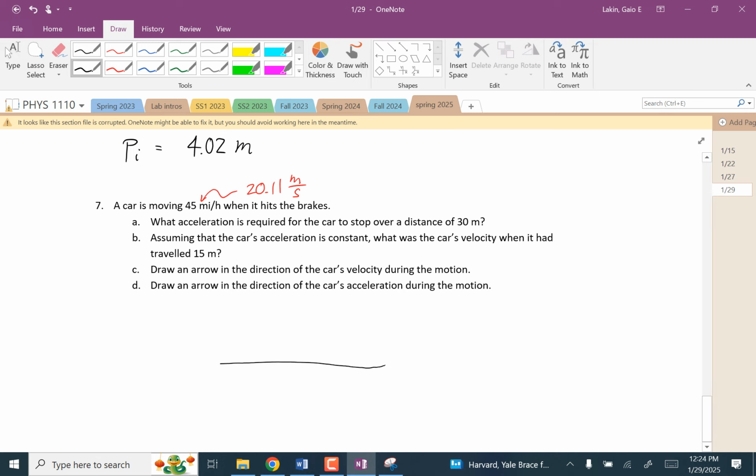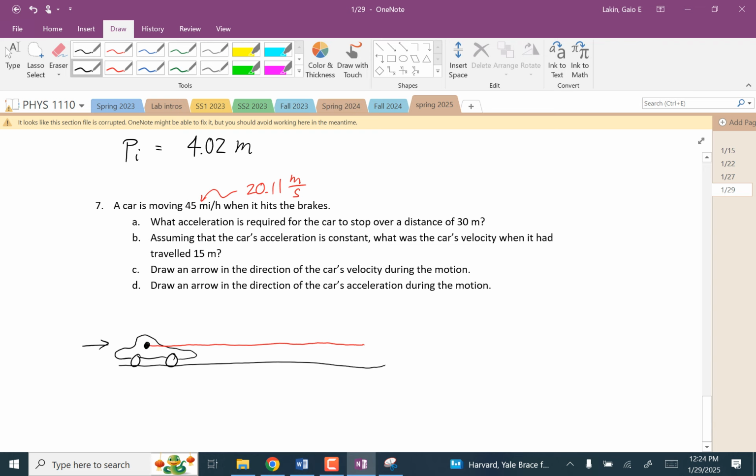And if I draw a picture of this, let's say the car is going this way. I guess I'll draw the path of the car here, because remember, the location of the car at any instant is where its center of mass is.